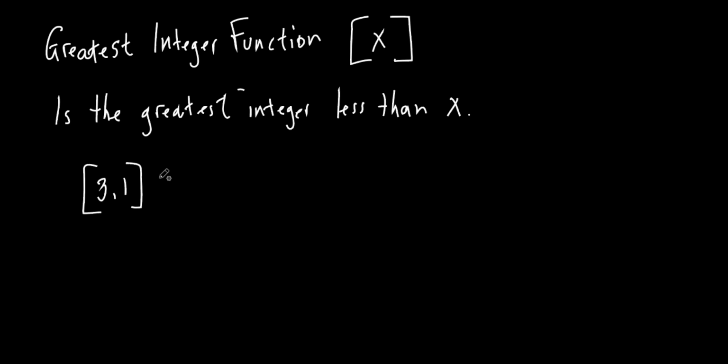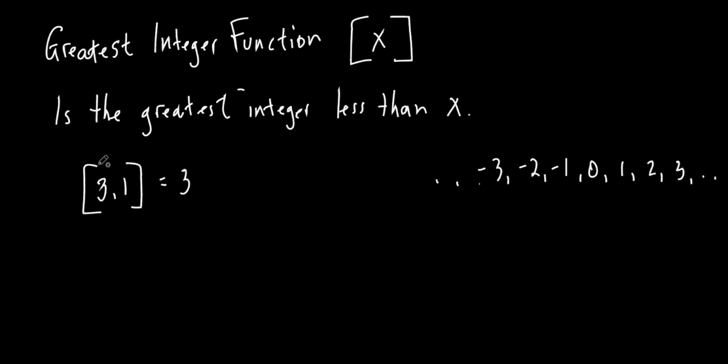That's right. Now, 2 is less than 3.1, but is that the greatest integer that's less than 3.1? No. So whatever that is, you're just looking to the left of it. You're finding the integer. You know what integers are, right? -3, -2, -1, 0, 1, 2, 3, going this way and this way. Those are integers.